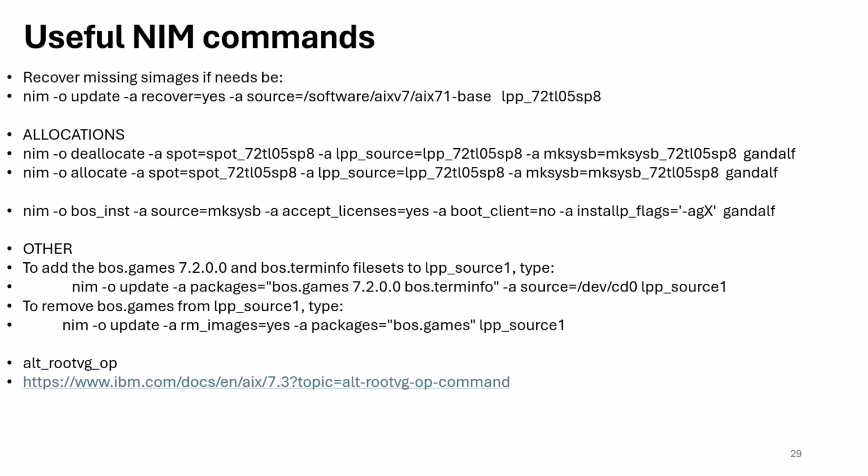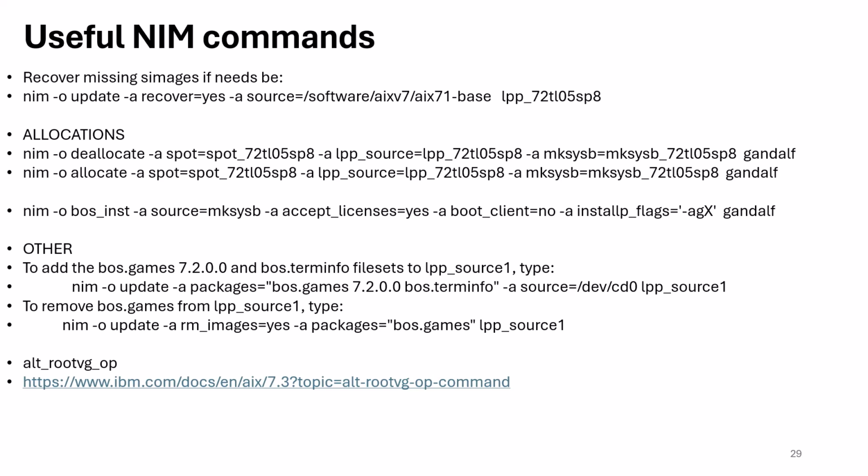When you're doing allocations, you can deallocate and allocate things to and from the SPOT. And of course, I've got here the command for doing your bos_inst. There's some other things you can do. You can add filesets if you want to an LPP source, and you do that using the nim -o update.